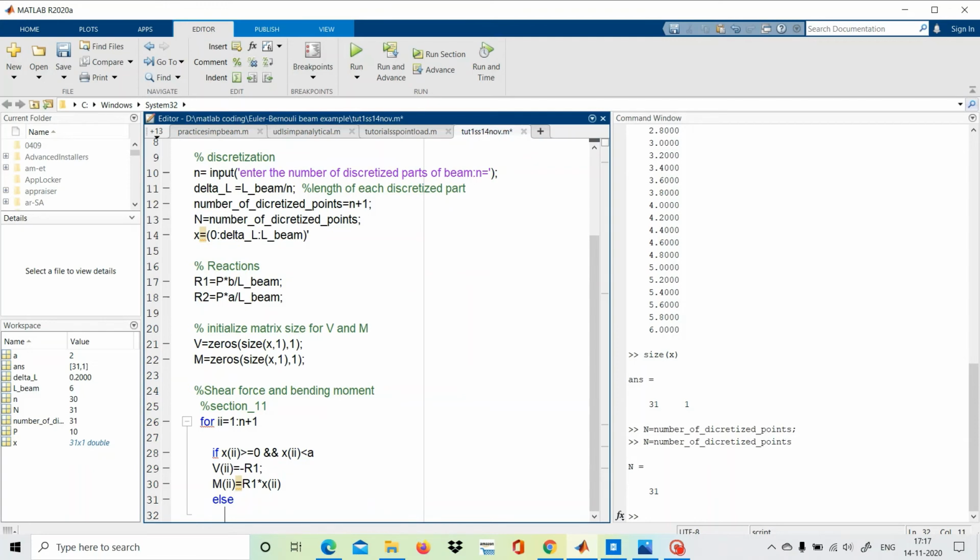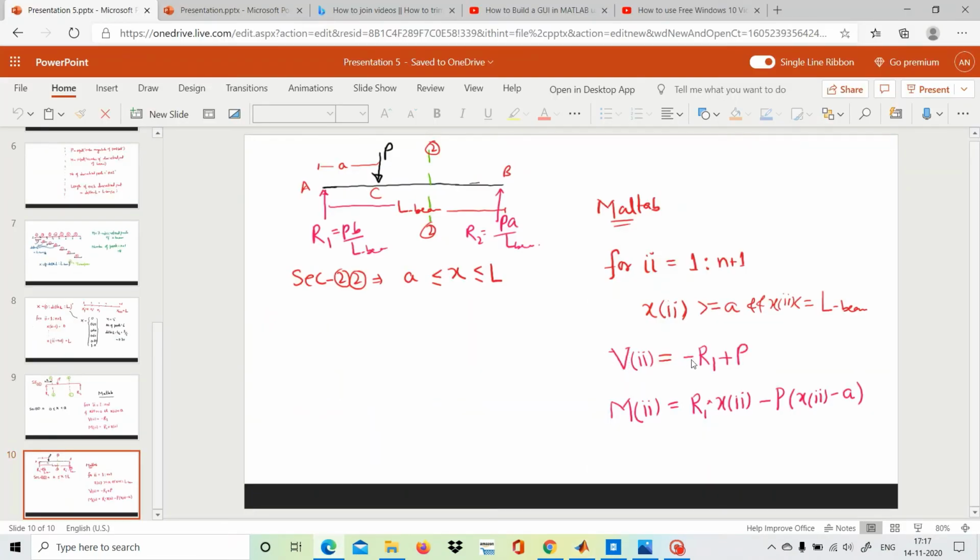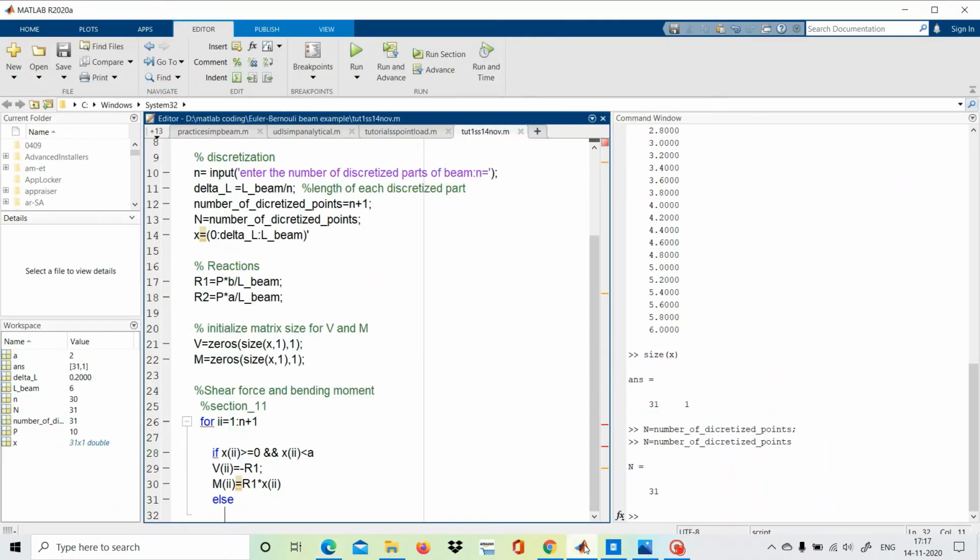What would be the bending moment? We will see that in section 2 the shear force is minus R1 plus P, and the bending moment is R1 times X of ii minus this. So we will write here the shear force V of ii. How much is it?